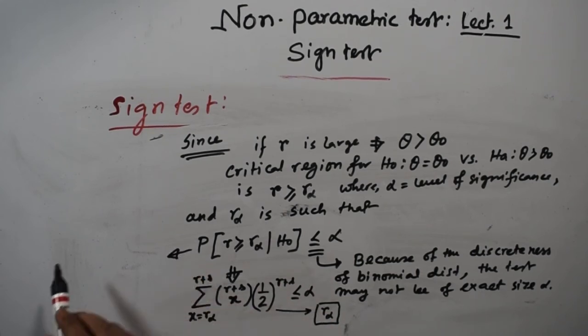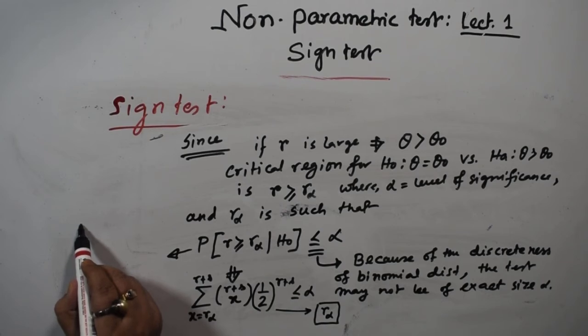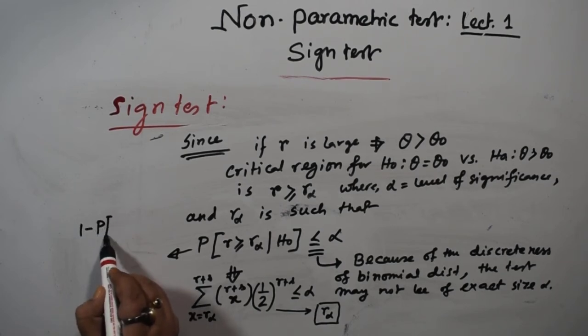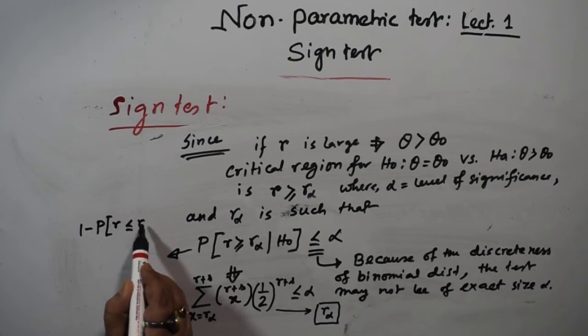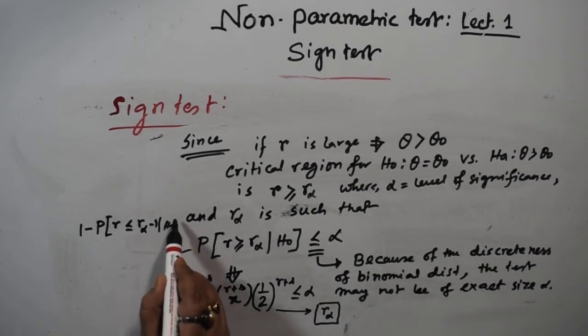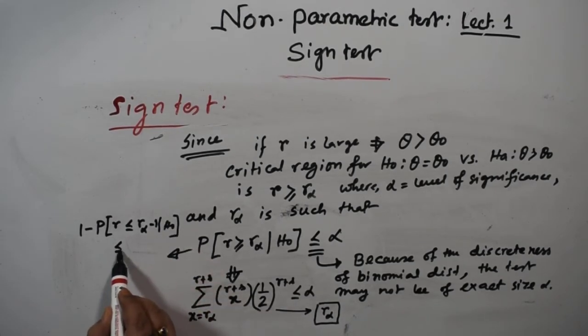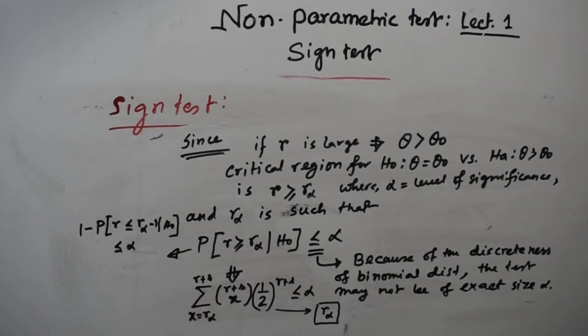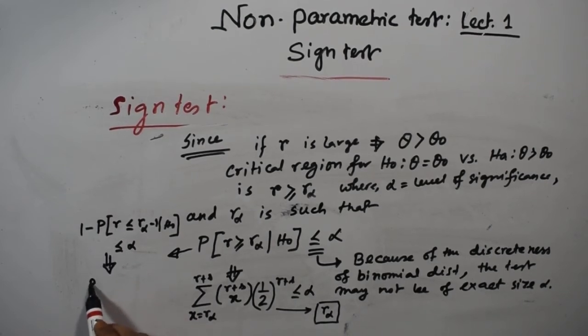So equivalently, we write it as 1 minus the probability that R is less than or equal to r alpha minus 1 under H naught, which is less than or equal to alpha. Or this is the probability that R is less than or equal to r alpha minus 1, given H naught, greater than or equal to 1 minus alpha.